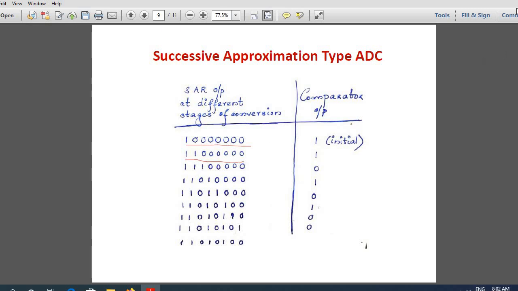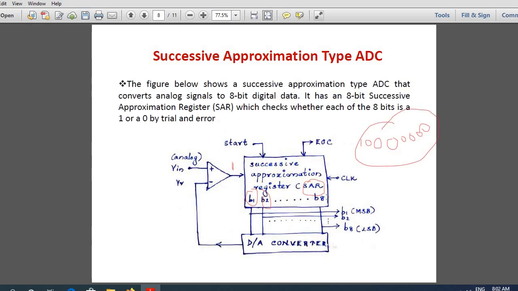B2 also will be set. And one more thing, when the comparator output in the previous case was 1, it is a surety that the first bit should be retained as a 1. The first bit will be retained as a 1 and the clock will be given to set the second bit. That is how it works.